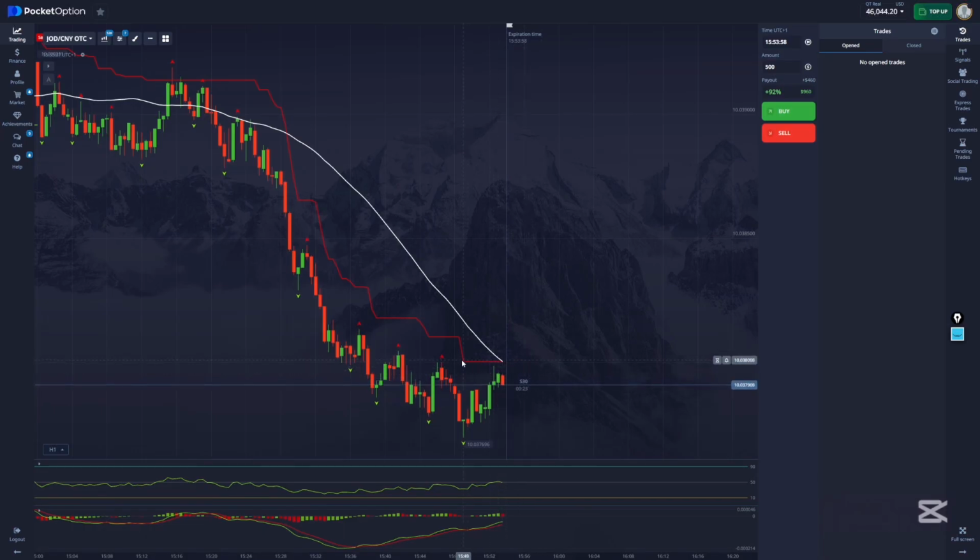One second. If you see a flat super trend line here, yeah, and the white moving average meets this red line, we just wait for these candles to go down. They can't cross this line here, yeah, they have to go down.